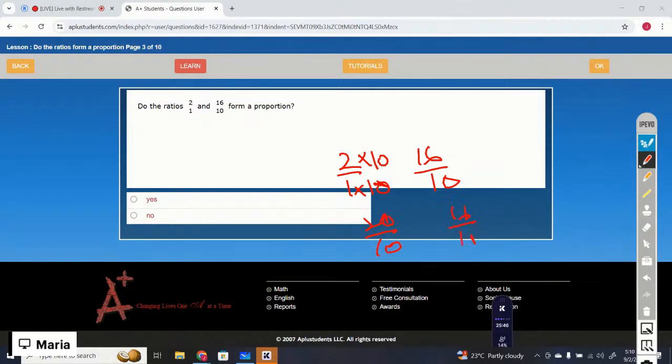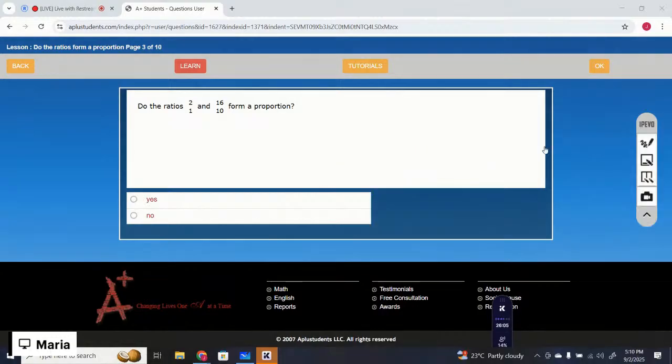So their denominators are the same, but their numerators are different. So that means no, they do not form a proportion. The correct option is no, they do not form a proportion.